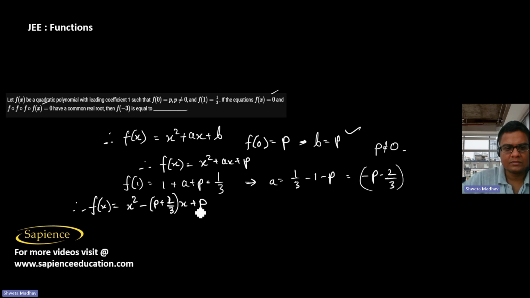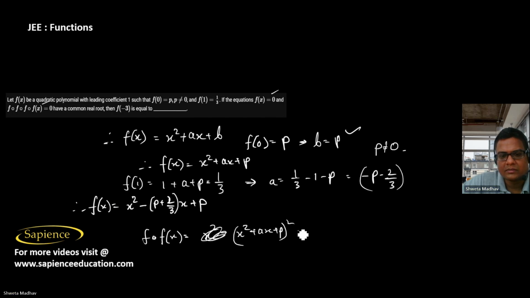F of 0 is p. Now f of f of x equal to 0, so now f of f of x will be x square plus ax plus p whole square plus a into x square plus ax plus p plus p.